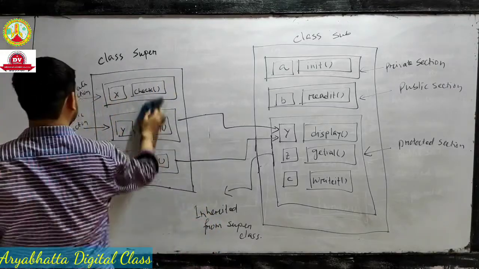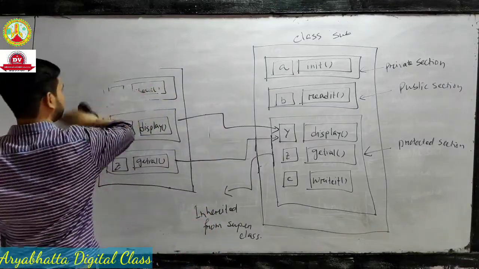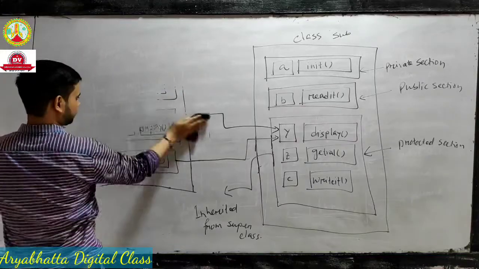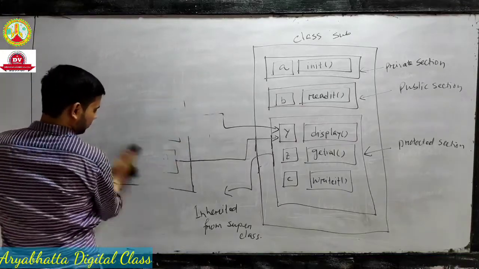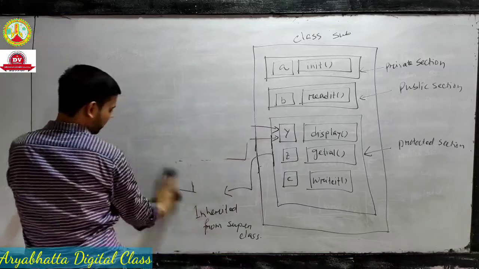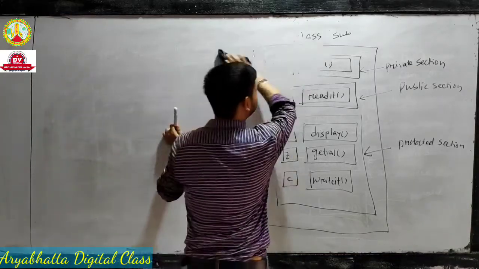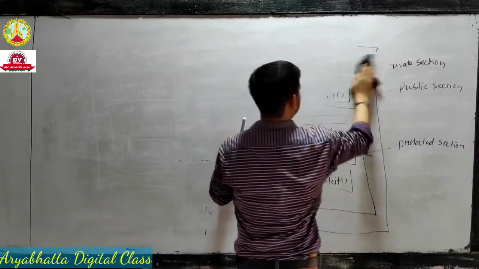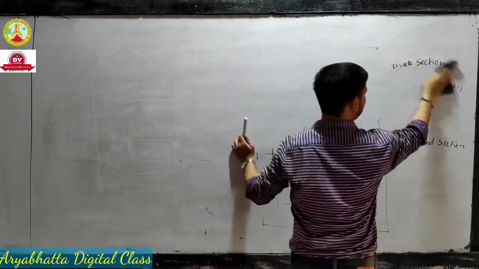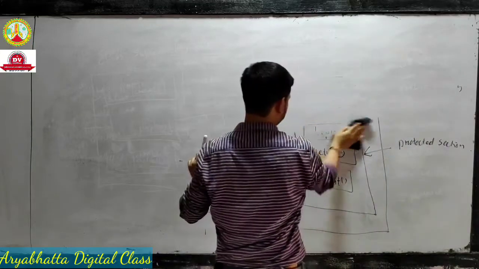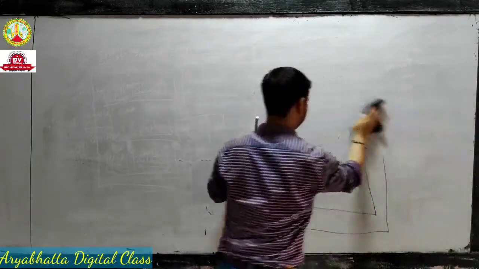Okay. And last, you write down a note. If a question comes in the exam asking to explain the derivation mode for 4 or 5 marks, then you have to draw the diagram, make the table, and write the theory. Then you get the full 4 or 5 marks.